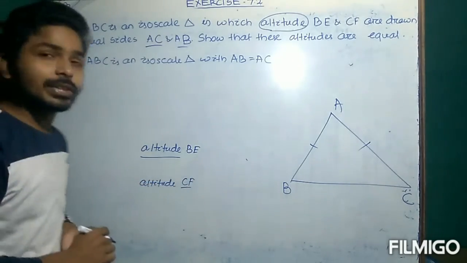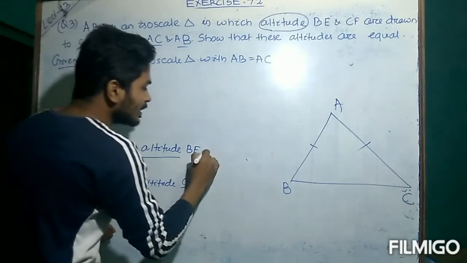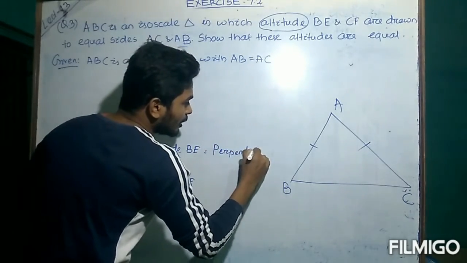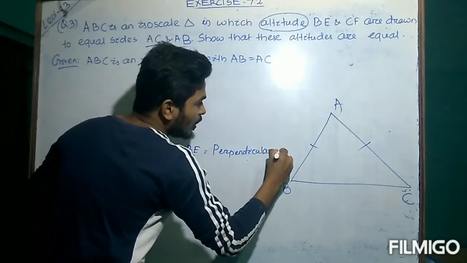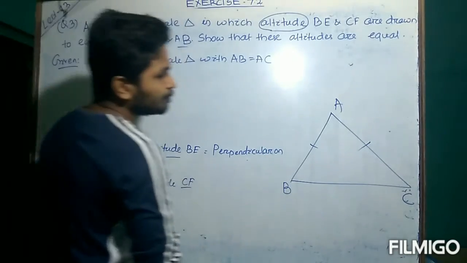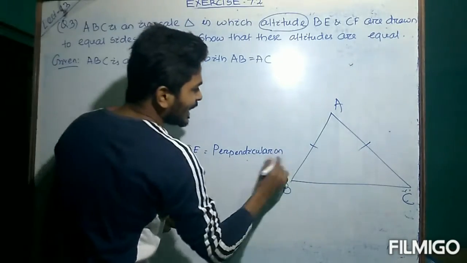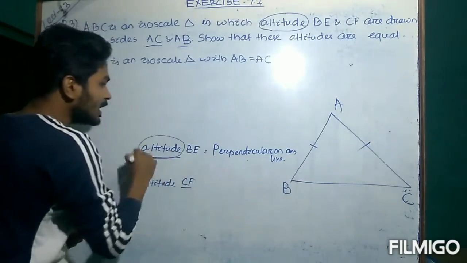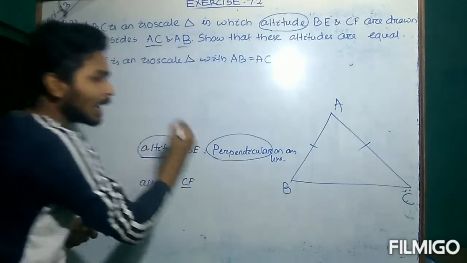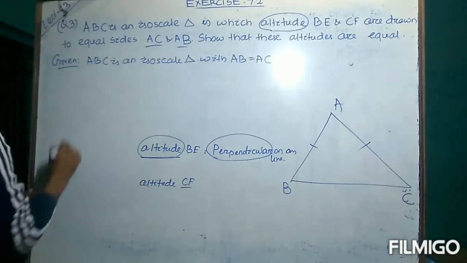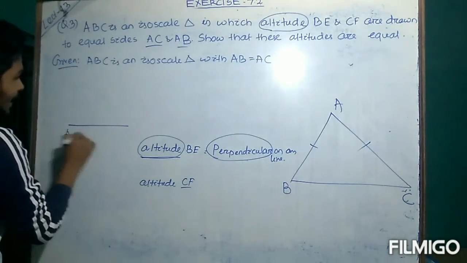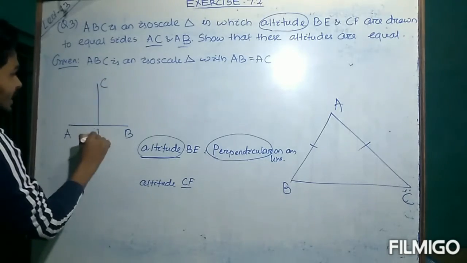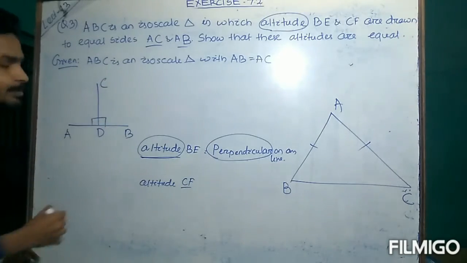So what is the meaning of altitude? Altitude means perpendicular on any line. For example, suppose this is a line AB, and on this line another line CD is perpendicular.